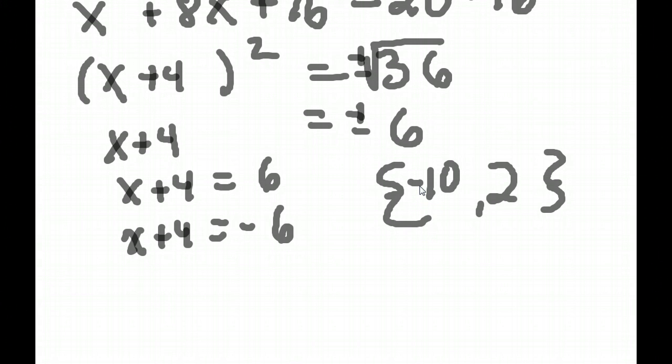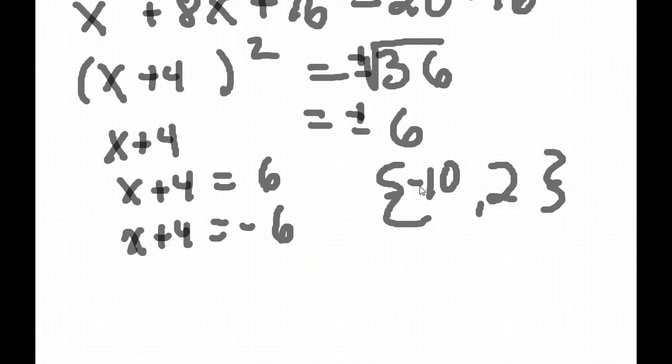So just to recap really quickly, when you have a C term that's not a perfect square, you kick it over to the right. Using your B term, you figure out what you need to put as your C term to make it a perfect square trinomial.